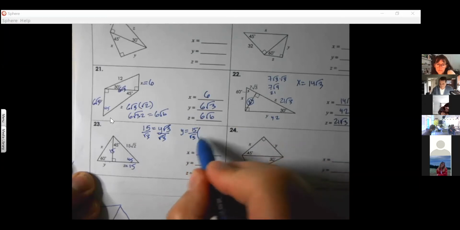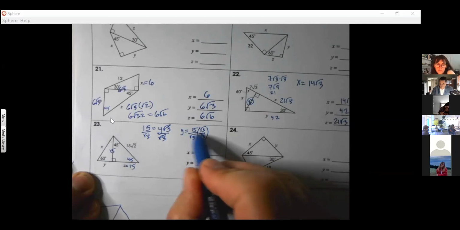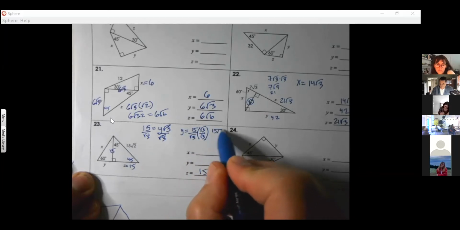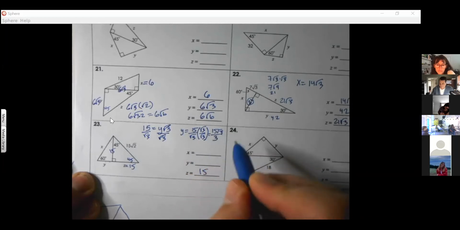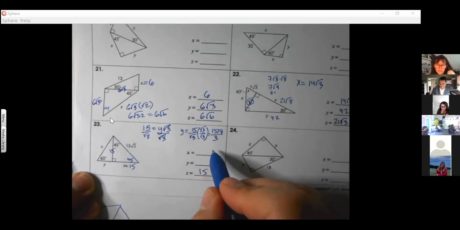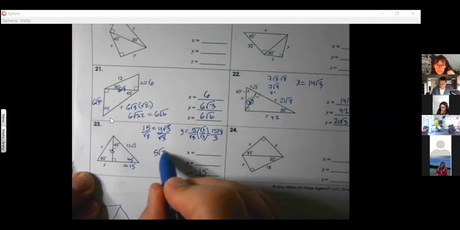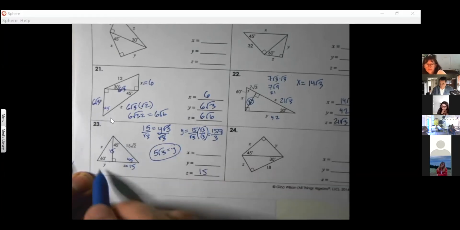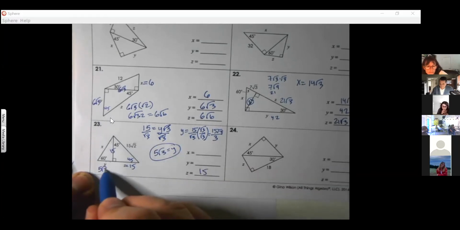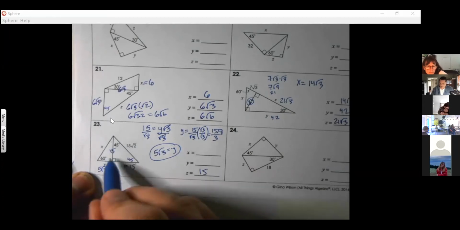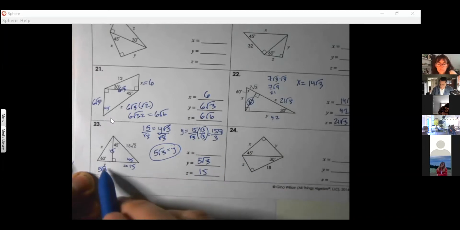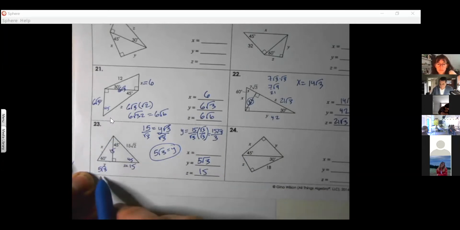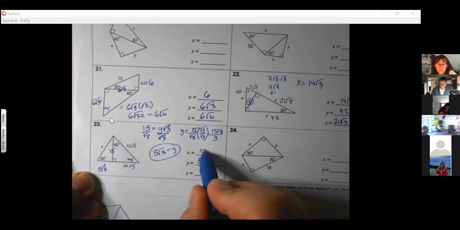But that's not rationalized. This is what we learned about last class. That becomes 15 root 3 over root 3 times root 3, which is root 9, which is 3. And actually that can reduce. That's going to be 5 root 3. So this side is 5 root 3, so that when it multiplies by root 3, it makes 15. Yes, this is 5 root 3. And then x is double that. So double 5 root 3 is 10 root 3.